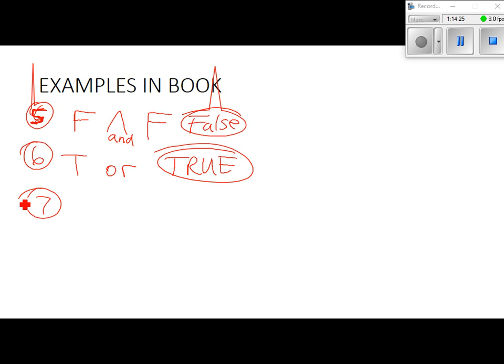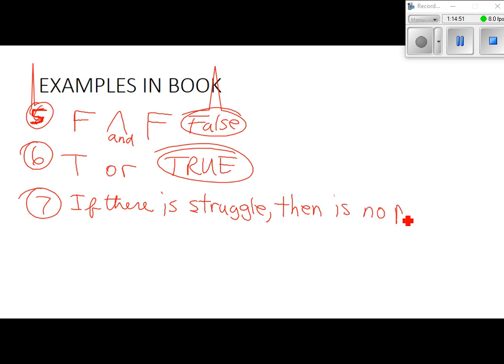Number 7. Identify the hypothesis and the conclusion of each statement. Frederick Douglass said this: if there is no struggle, then there is no progress.